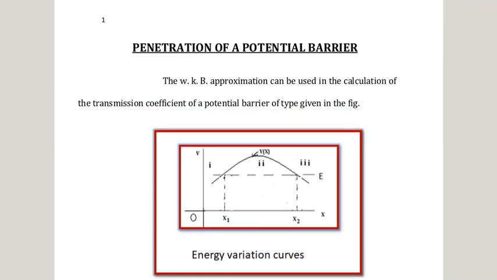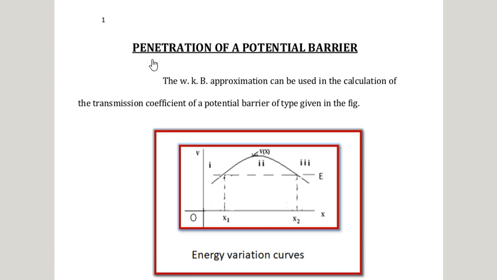Hello everyone. Today my topic is the application of WKB method for the study of penetration of potential barrier. Such problem of potential barrier is also solved with the help of Schrodinger equation.